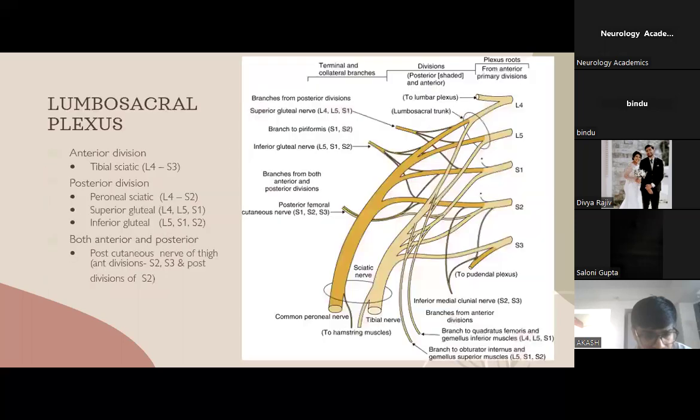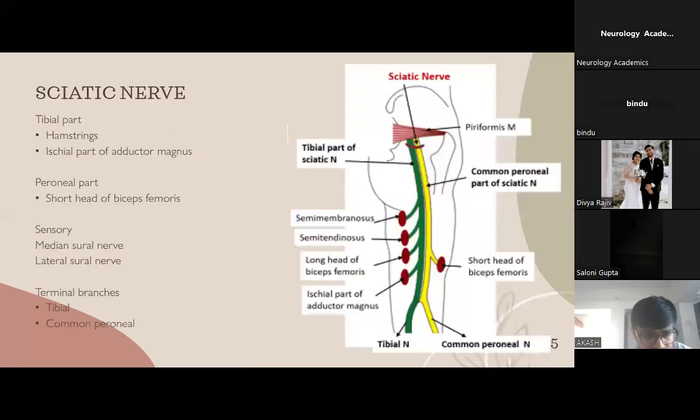horn cell disease. So the lumbosacral plexus comprises nerve roots from L5 to S3, and it also has a component from L4. Anterior divisions form the tibial part of the sciatic nerve, and posterior divisions form the peroneal part of the sciatic nerve. Along with it, it gives the superior gluteal nerve and inferior gluteal nerve.